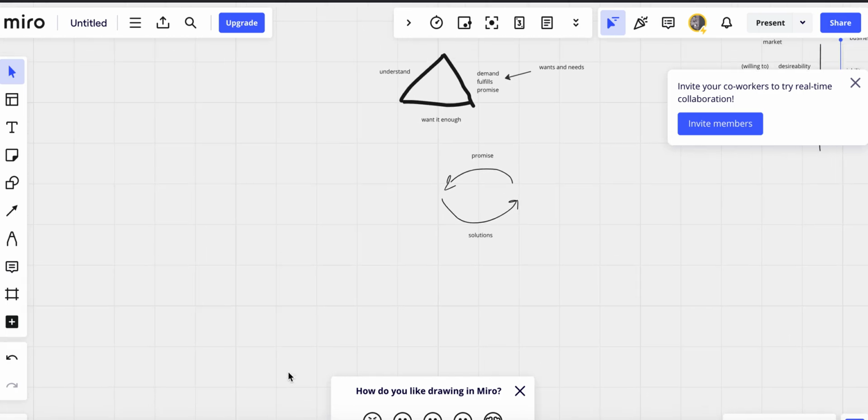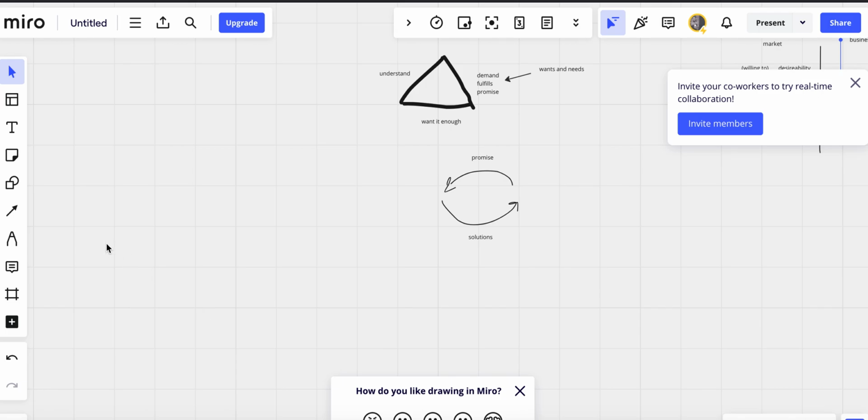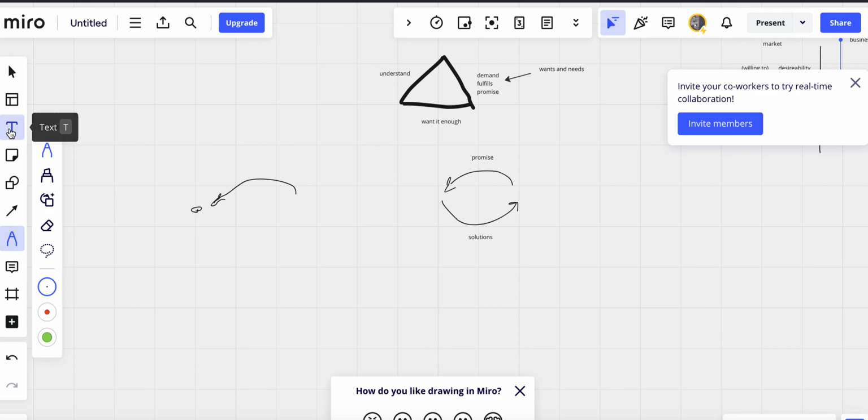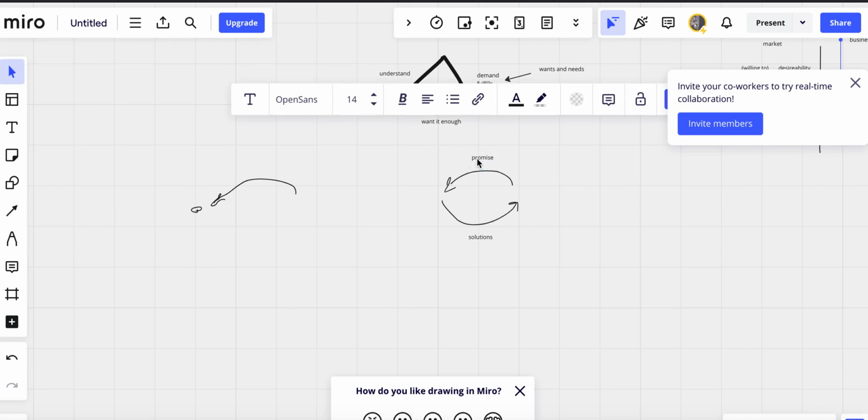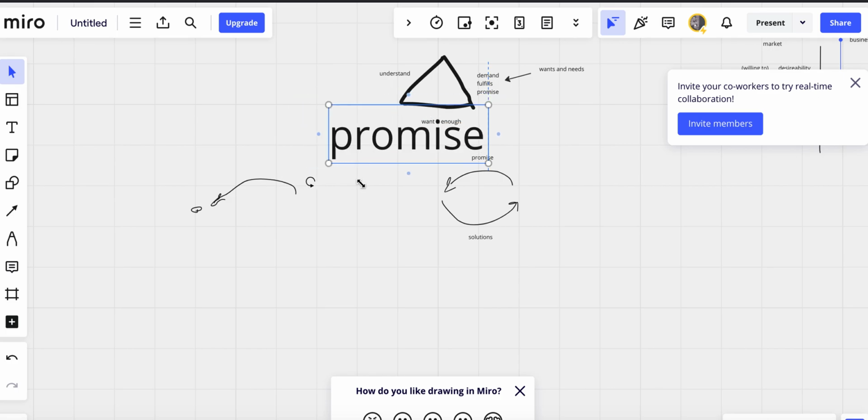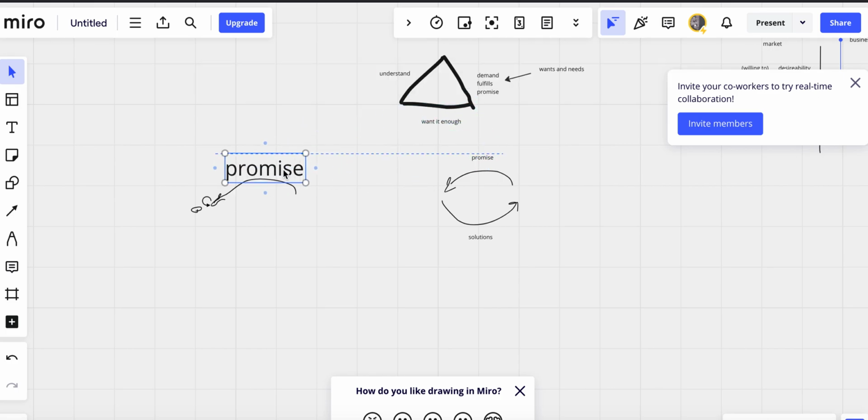And so to illustrate that, the way I would draw it is I would say we have a promise coming in that people want, and that results in insight. So I'm going to copy this one and paste it over here. It's scaling like crazy.